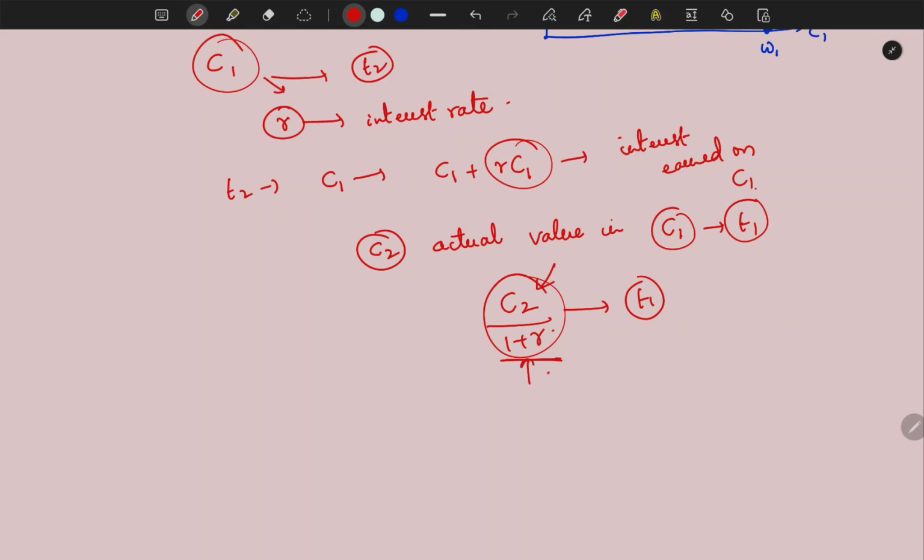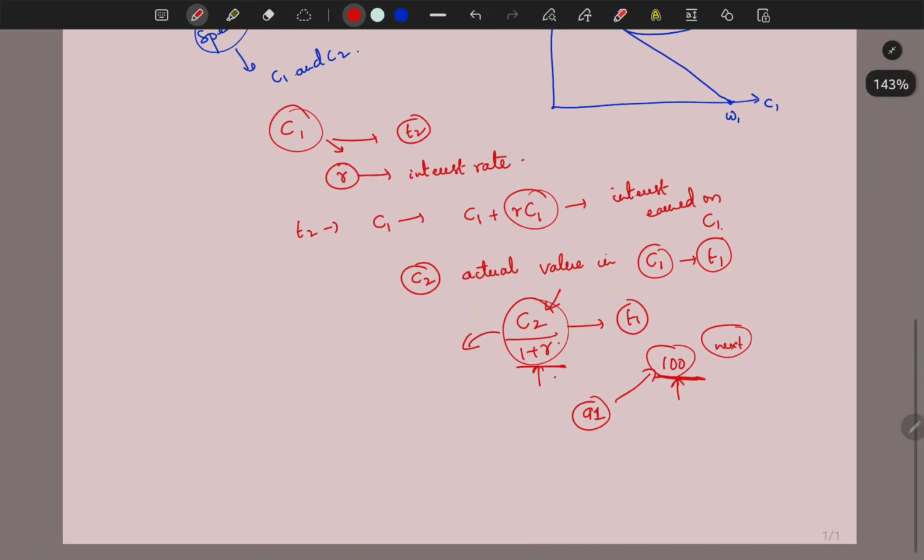Future amount will always be less. If he has 100 rupees next year, that 100 rupees has less value in the present. Maybe 91 in the present is equal to 100 in the future. By considering interest rate and everything, we'll get to this point, right?